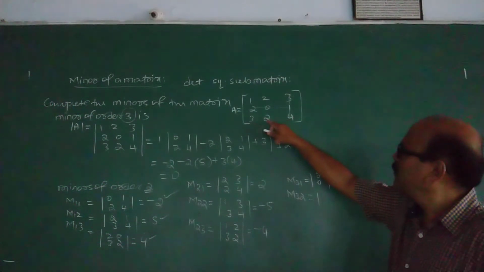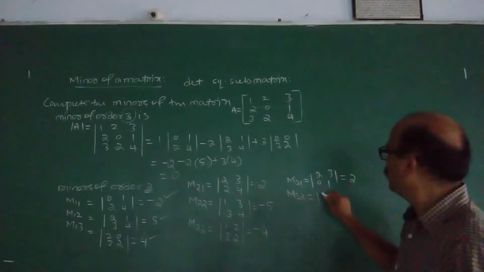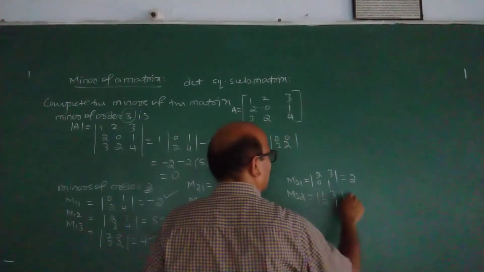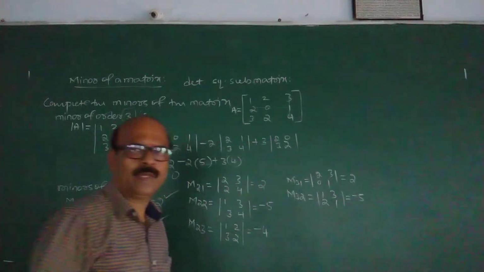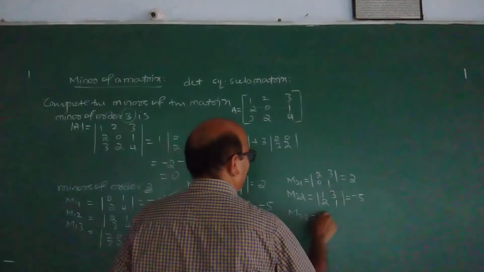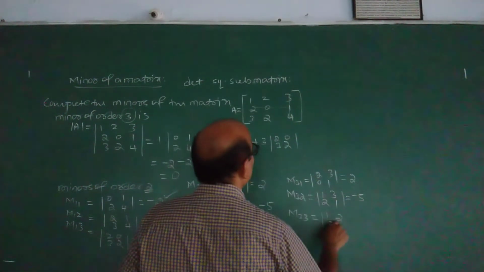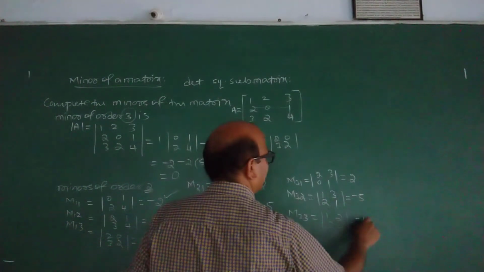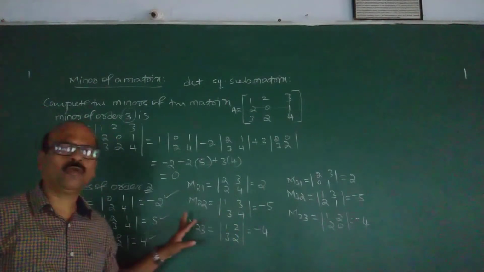M32 means third row, second column. 1 3 2 1. 1 minus 6 is minus 5. M33 is third row, third column. 1 2 2 0. It is minus 4. So totally there are 12 minors of order 2.